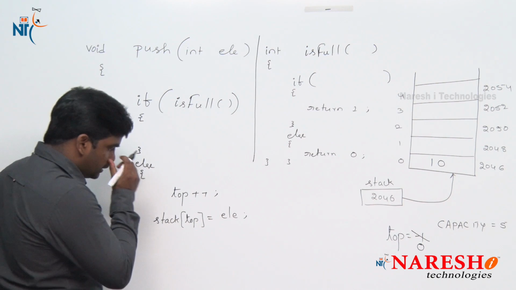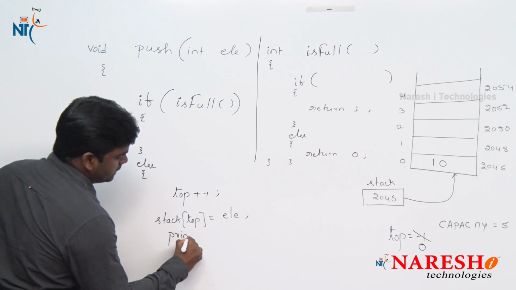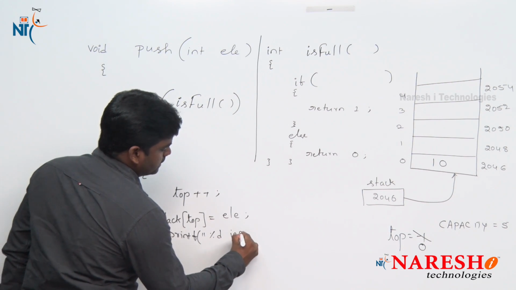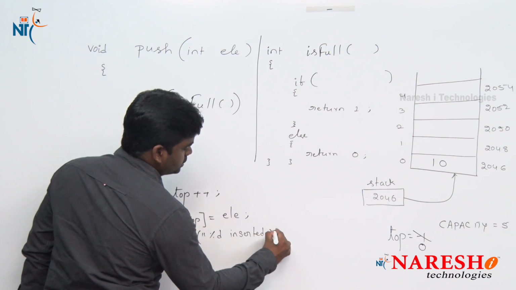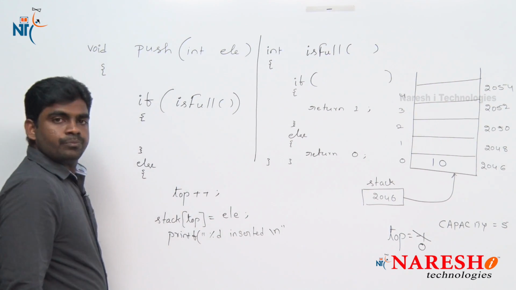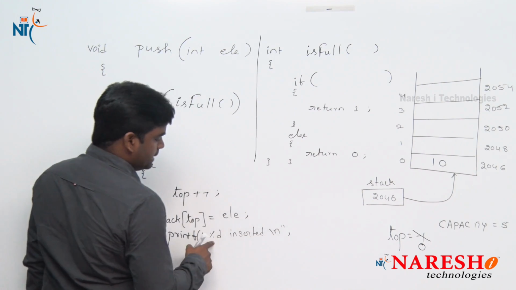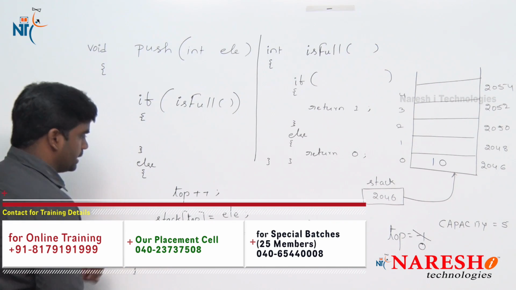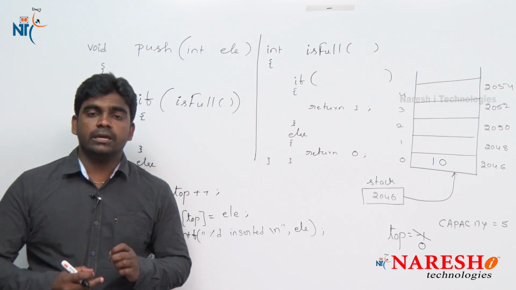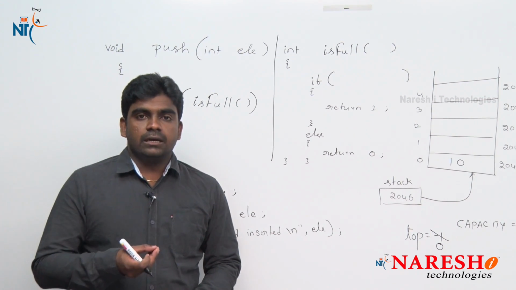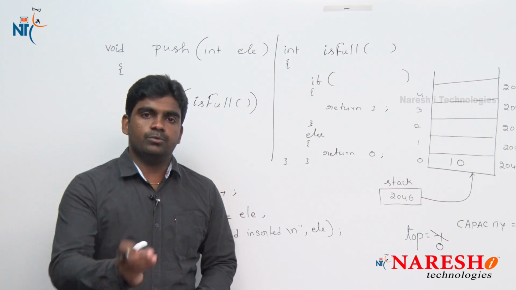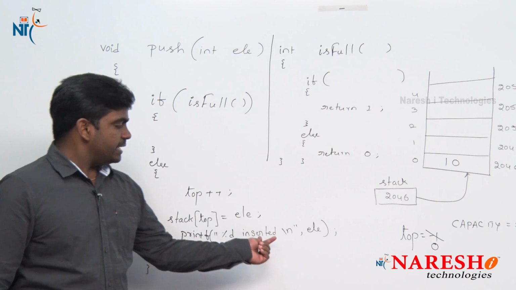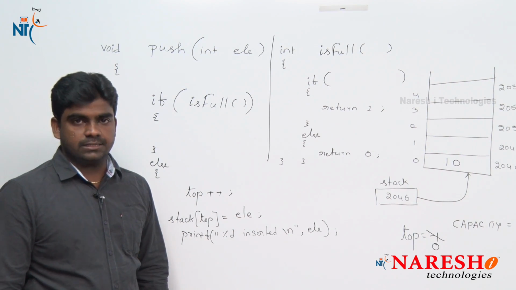So next, we are printing one message, printf, element pushed into the stack. Here %d means the element. This message will print clearly on the screen so that the end user can understand. So whatever element I want to insert will be pushed successfully onto the stack. So that is the insertion of an element.